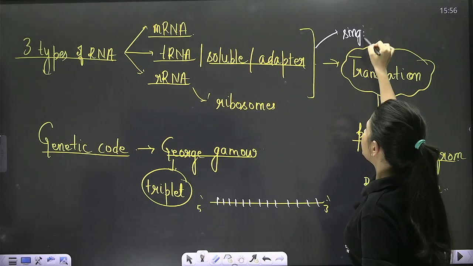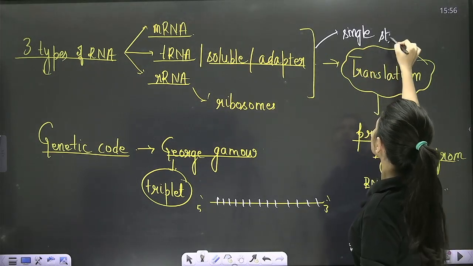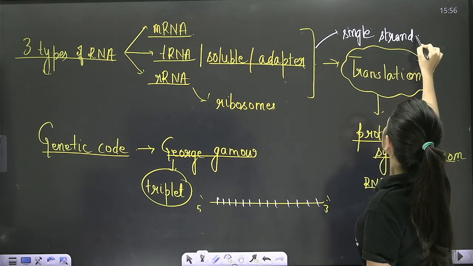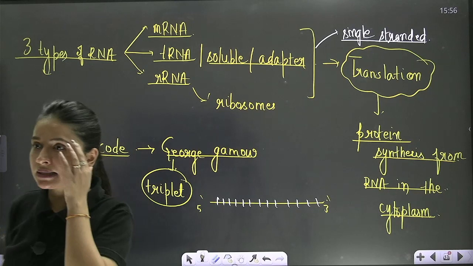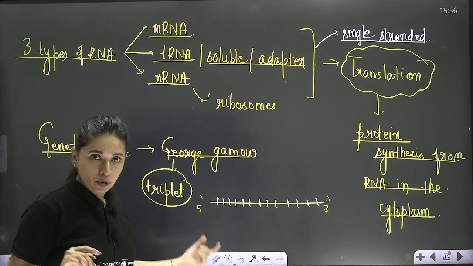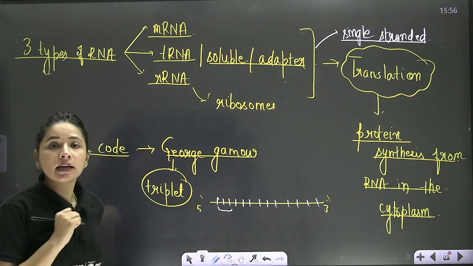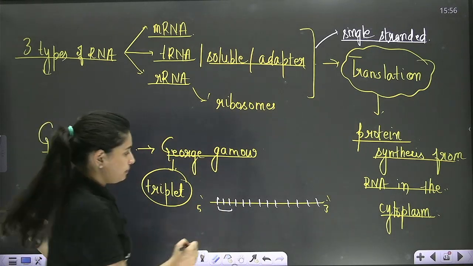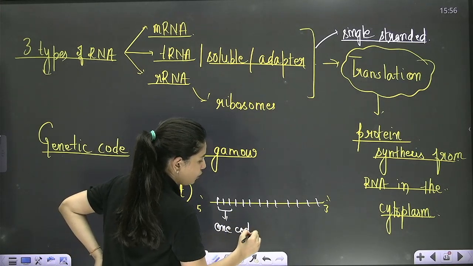All RNA, be it mRNA, tRNA or rRNA, is always single stranded. Now, according to George Gamow, 3 nucleotides in a continuous manner make one codon.